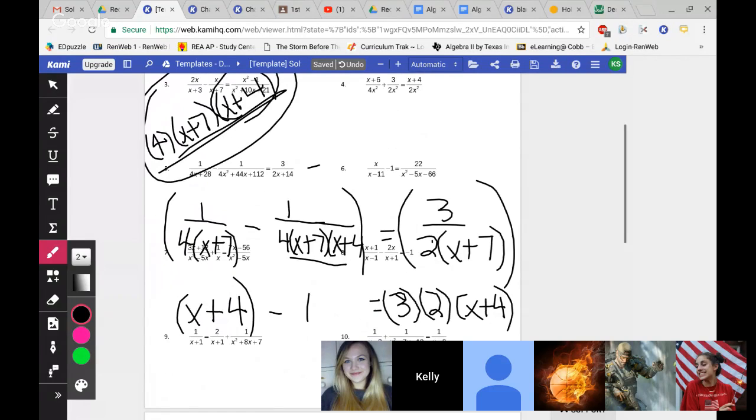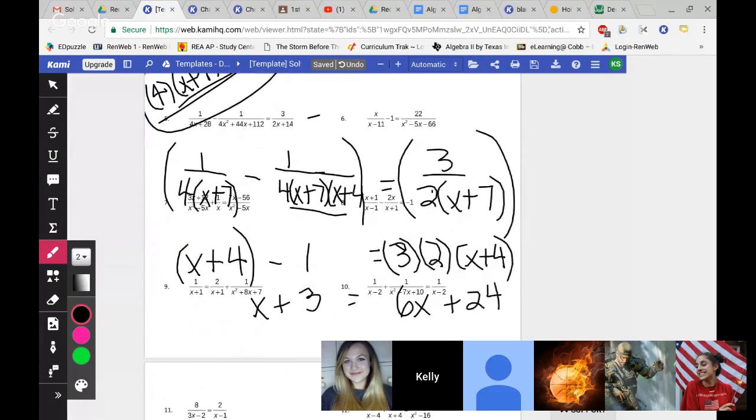Okay, all right. So now I'm just going to distribute and combine like terms and all that other good stuff. So I've got an x plus 4 minus 1, which is going to be x plus 3. And hopefully I won't make any simple math mistakes. 3 times 2 is 6. And 6 times x is 6x. And 6 times 4 is 24. I've distributed that all completely out. And now I'm going to get all my variables on one side and my constants on the other.